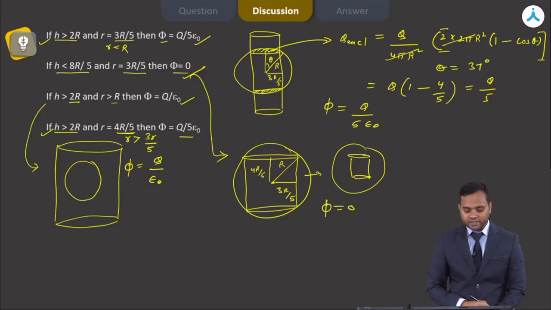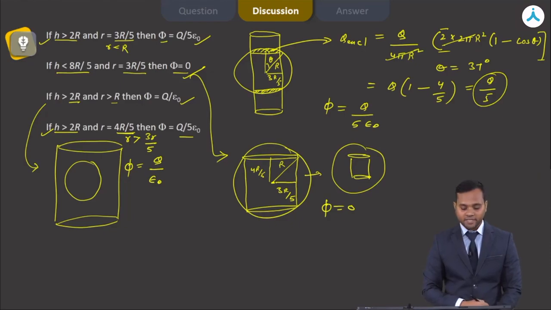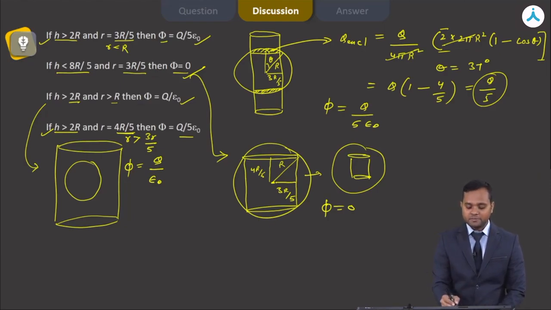So in this particular case, the charge enclosed by the cylindrical surface will be more than q by 5, which is the amount of charge we got in the first case. So the flux will be more than q by 5 epsilon naught. So phi for the fourth option will be greater than q by 5 epsilon naught. So this seems incorrect, right?